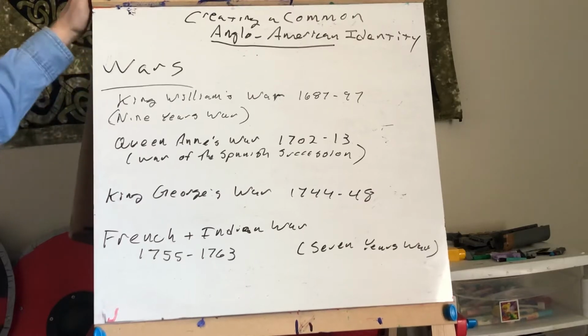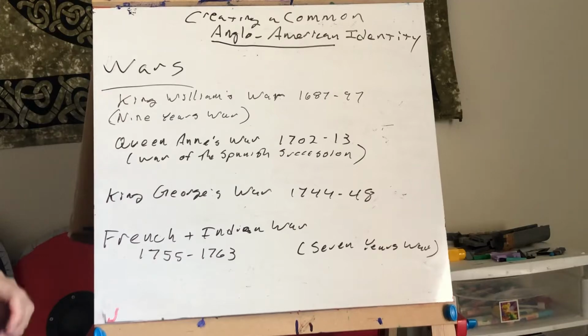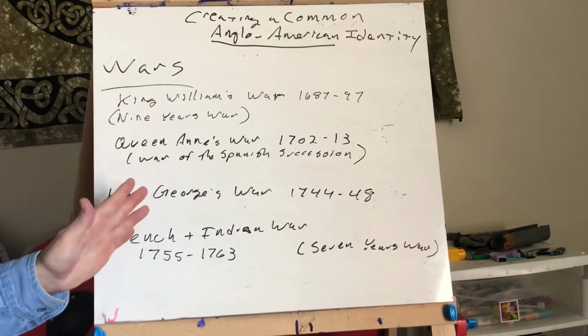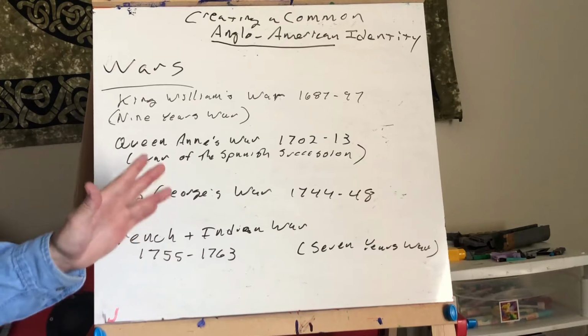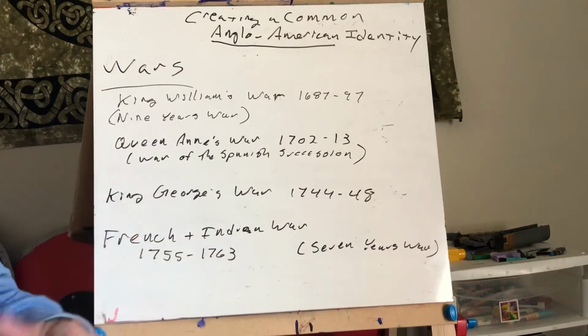So Virginia claimed the Ohio River Valley. But the French claimed all of the Great Lakes and Mississippi River Valley, as well as the Ohio River Valley. So the French sent in troops under the Marquis de Caen into the Ohio River Valley to drive English settlers out.